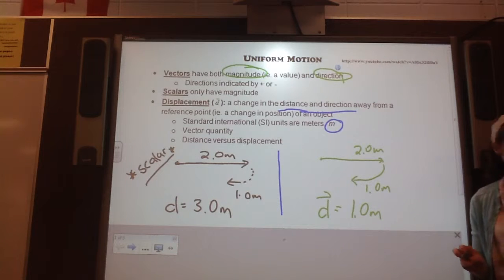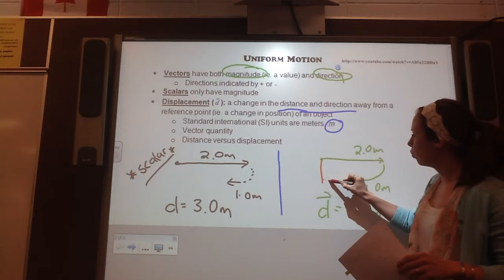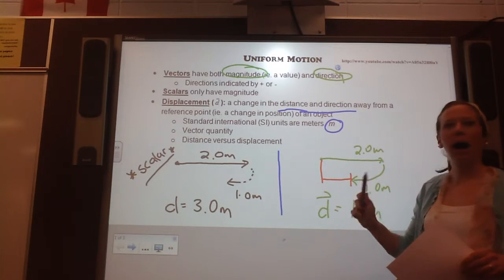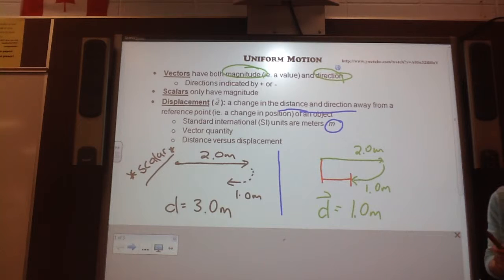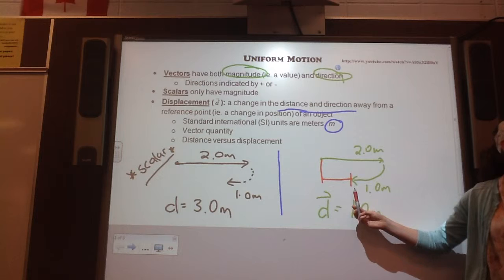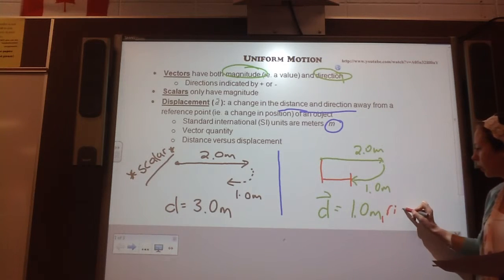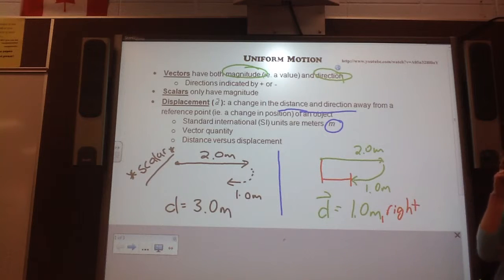This is the tricky part. So you think, from my reference point to where I have ended, how far have I gone and in what direction? I've gone 1 meter, and you could say either east or right would be appropriate for this context. So we'll put down 1 meter right. You could put east too, and that'd be fine. But see how you need to look at from the reference point to where you ended up. So just be very mindful about that.